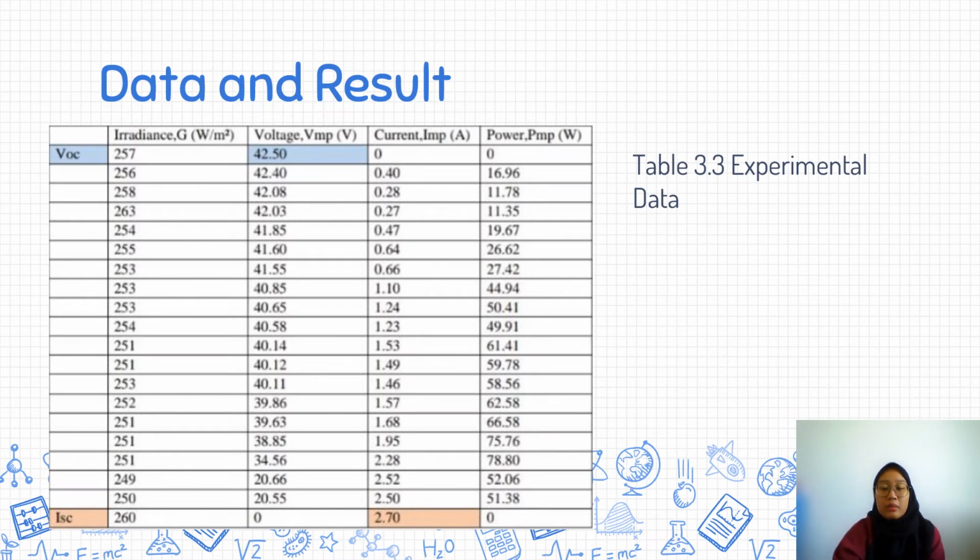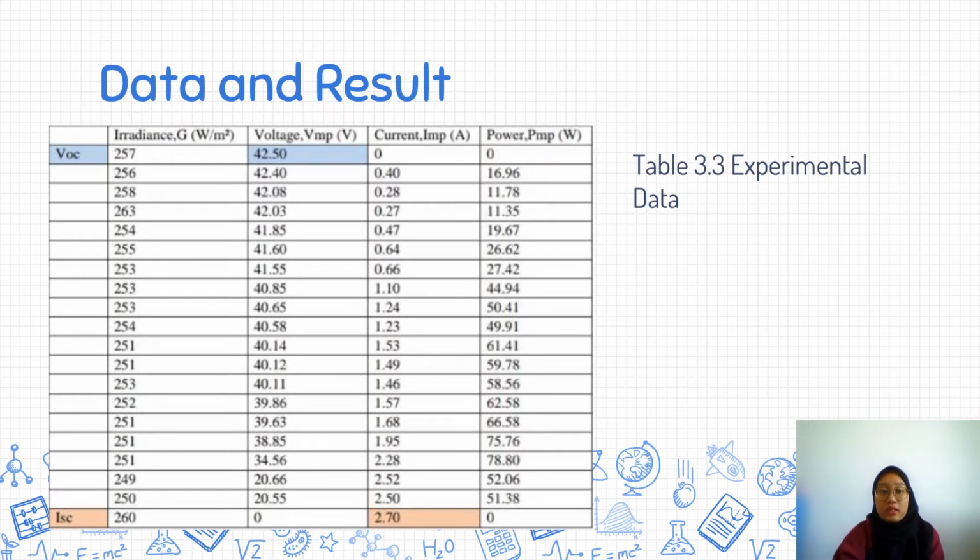The next is table 3.3, which is experimental data. This is the data obtained from the experiment. The lowest value for irradiance is 250 watt per meter square and the highest value is 260 watt per meter square.